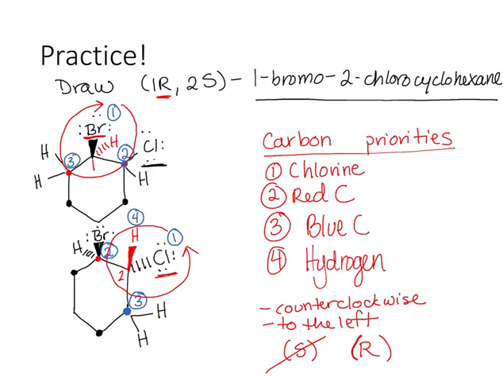Okay, so what that tells us is chlorine is not in the dashed position because we want the S configuration, and we just determined that this is actually an R configuration. So when chlorine's in a dash, we have R, but we want S. So we're going to switch chlorine to the wedged position.